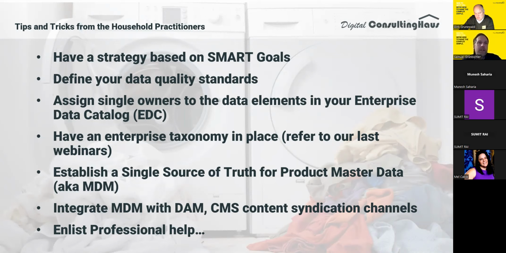The next thing is the enterprise taxonomy. So the taxonomy, for those who don't know exactly what that means, is basically a hierarchy, how we group certain products in the system so that it makes sense from several different perspectives.